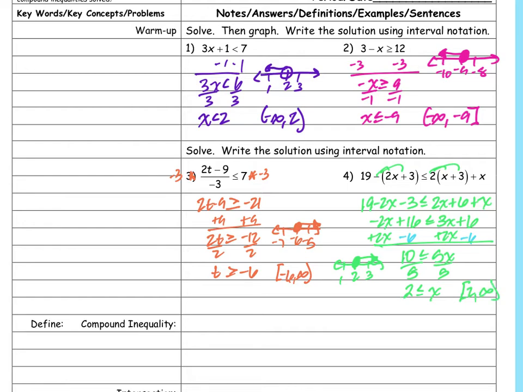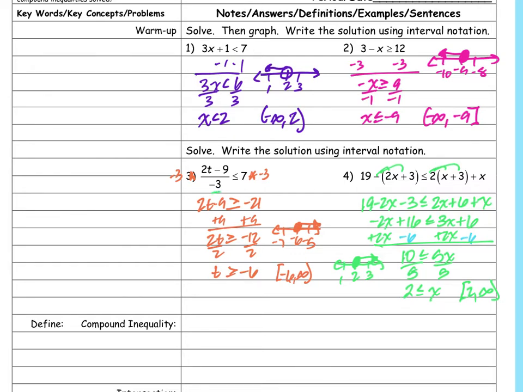Okay, so why does the sign flip on number 3? So remember, Ethan, Lucia, and Leslie. I think Leslie was already in, though. Lucia and Ethan. So remember the rule yesterday was just one rule that changed. It said if I multiply or divide by a negative number, then my sign changes directions. So most of the time I'm just dividing by that negative number, but in this case I multiplied by a negative 3.